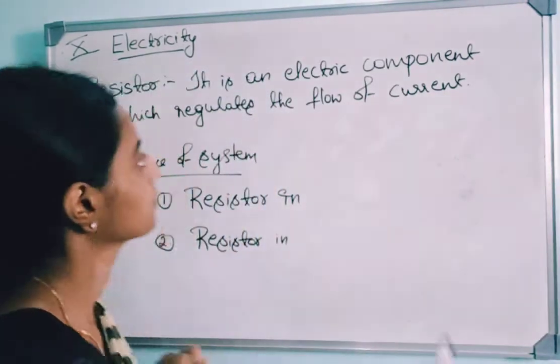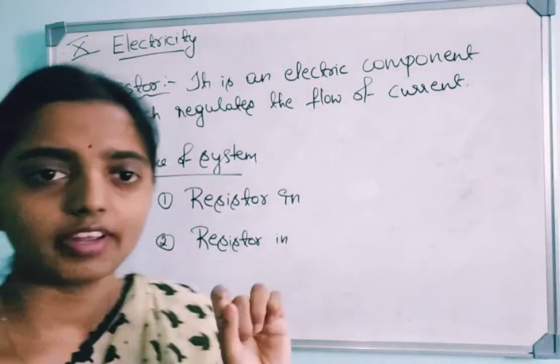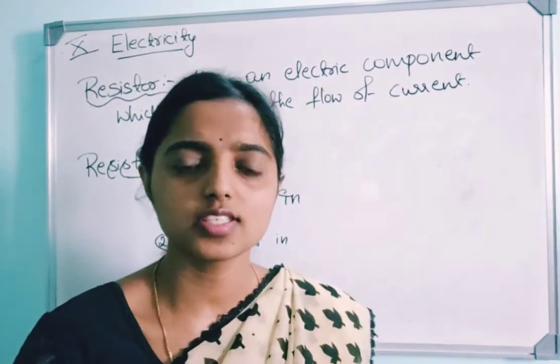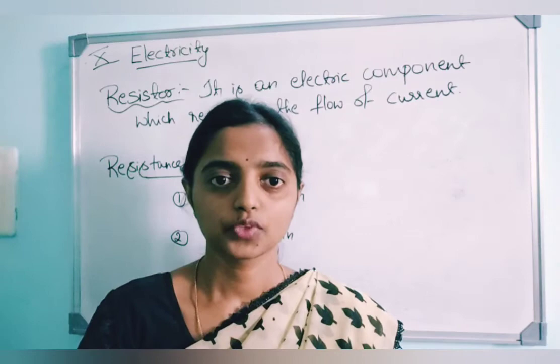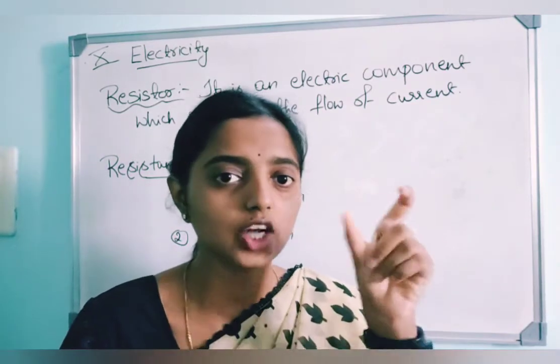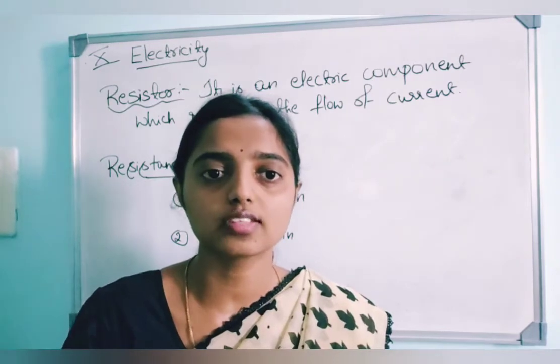Clear? Now listen, what is a resistor? First of all, everyone knows what resistance is, right? Resistance is what limits the flow of current. Now a resistor is a component which you saw in the tabular column, and you also learned to write the symbols, right?